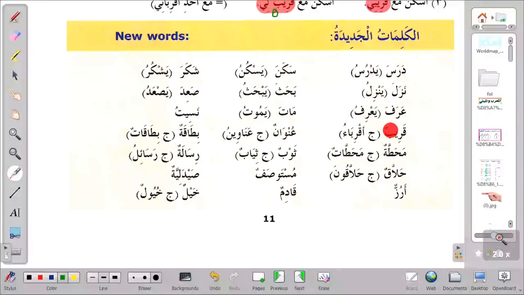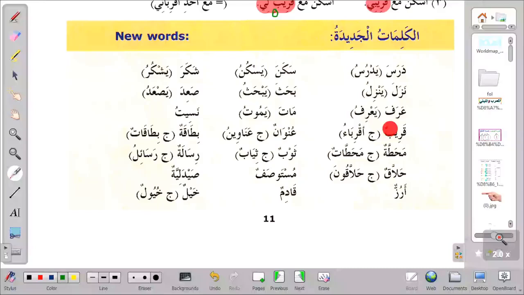Qaribun, when it is used as an adjective, it means close. I hope that is clear. But when we see qaribun as a noun, what did I say in the first? Let me repeat. When it is used as an adjective, it means close. But when it's used as a noun, mostly it will mean a relative.